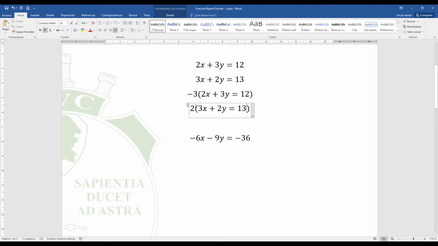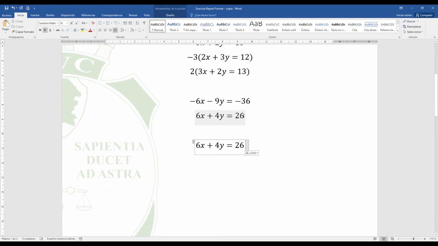Then you need to do the other operation here. This is 6x, 4y and 26. Now you need to add both equations.